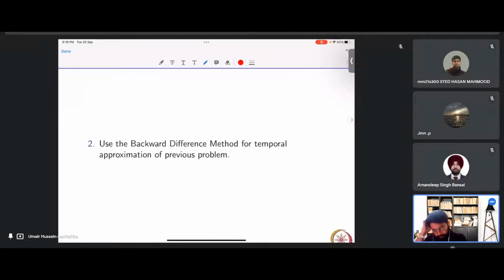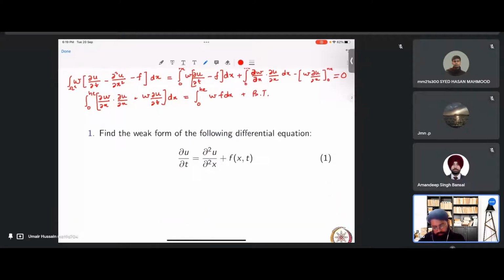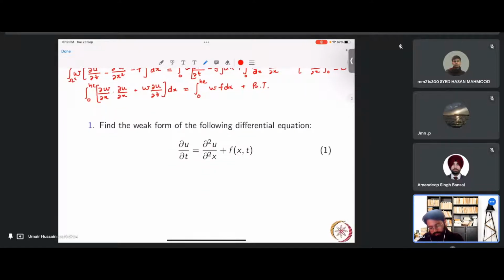Okay, so now we need to use the backward difference method for temporal approximation of the previous problem. Before using the backward difference method, I think we need to discretize it in space first. So we'll do that here as well. What is the assumption we take here?